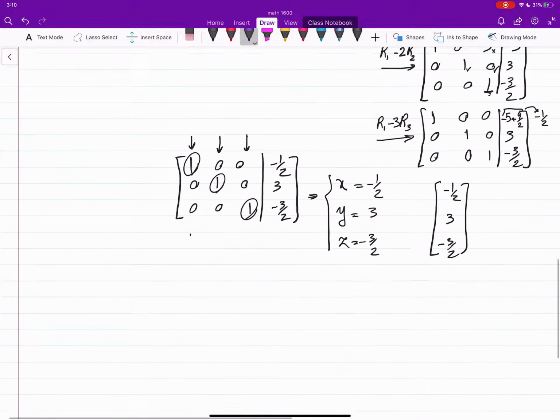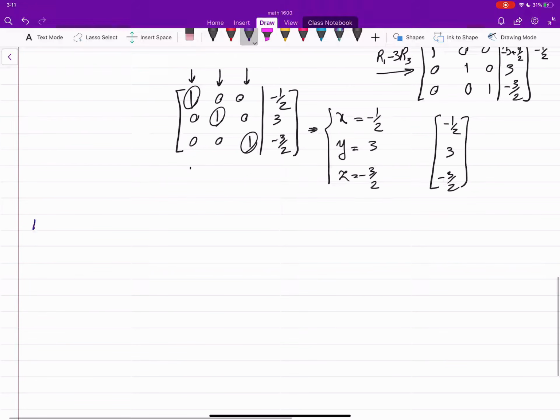Let's do another example. Example 2. This is the equation: x minus 3y plus 4z minus 6w is equal to 1, and minus x plus 3y plus 2z equals 0.